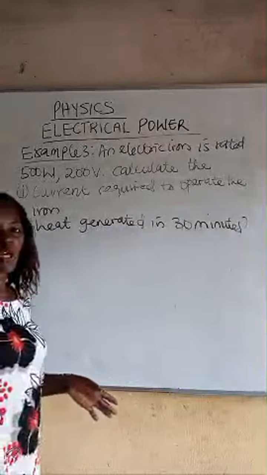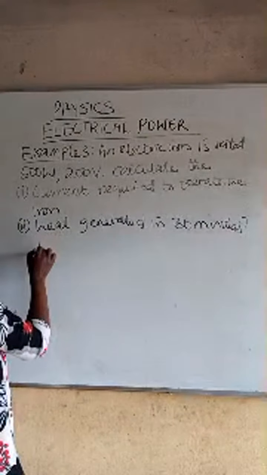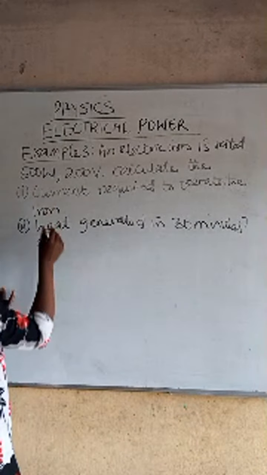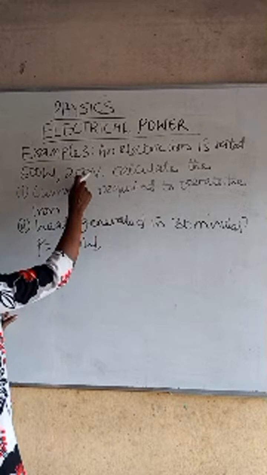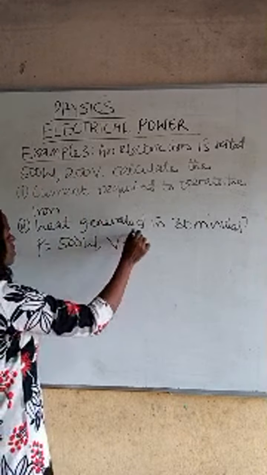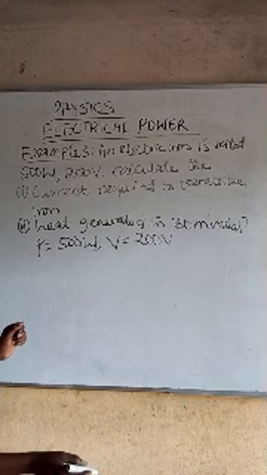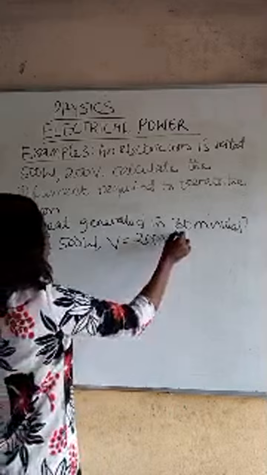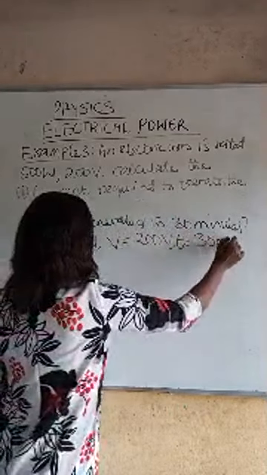Now, for us to solve it, the first thing we are going to do is to state our parameters. We are given power to be 500 watts, potential difference to be 200 volts, and t to be 30 minutes.